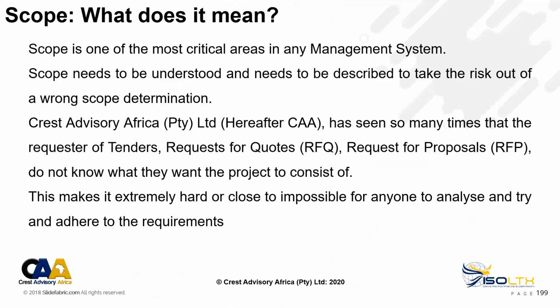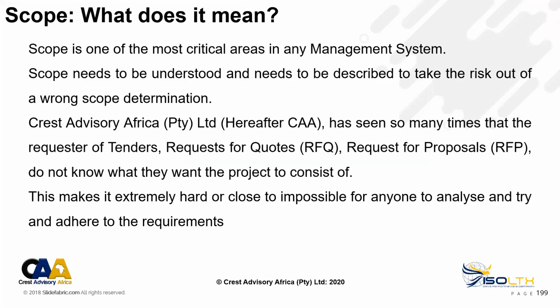Okay, so what does it mean? Scope is one of the most critical areas in any management system, because the moment you write that document, you are the person saying, I want to be measured against the best practice in the world, against the best standards in the world, independently, with nobody knowing what I'm doing between this line and that line.